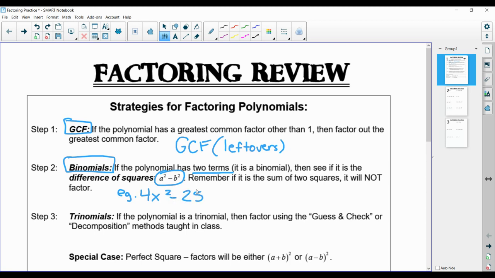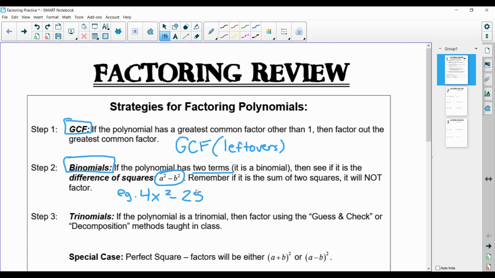Now, sometimes that difference of squares is going to be hidden. You might not recognize it at first because one or more of the terms is not a perfect square. If that's the case, check for a common factor first. So pull out a GCF. Sometimes by pulling out that GCF, you will find that you have a difference of squares. It was just in disguise. And then you can factor further.